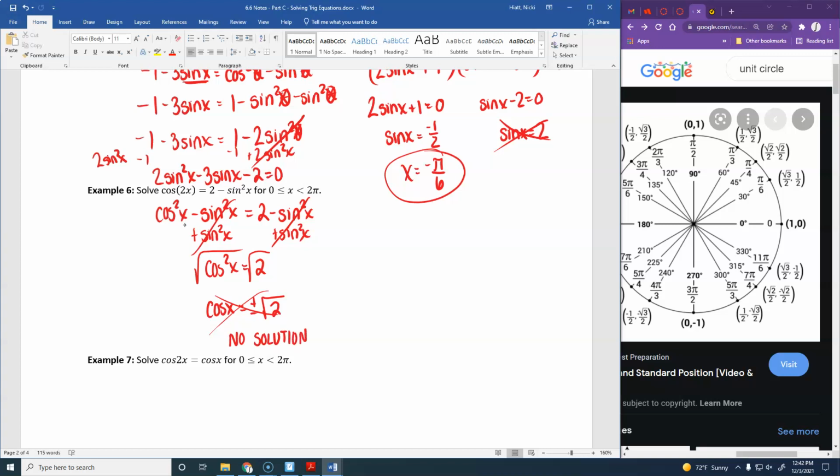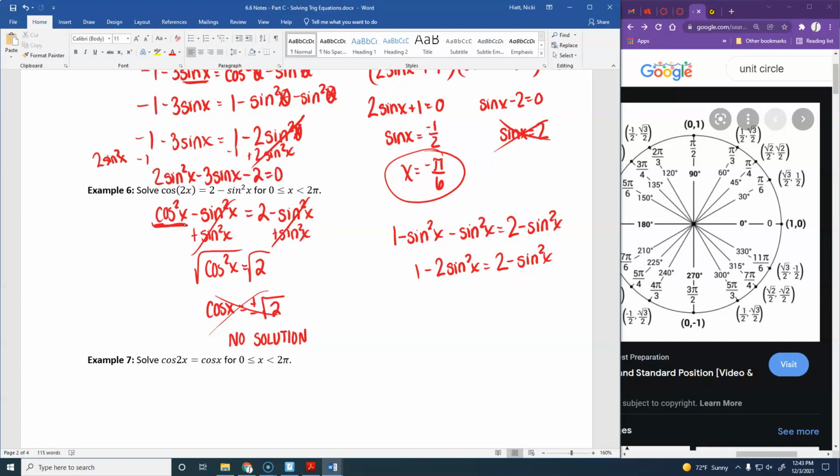Let's try what Bo said, though, just to make sure we also get no solution there. If I change that to 1 minus sine squared x, so I'm taking this cosine and changing it to 1 minus sine squared, minus sine squared x equals 2 minus sine squared x. So I get 1 minus 2 sine squared x equals 2 minus sine squared x.